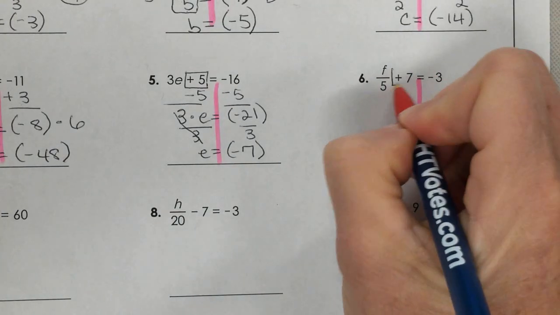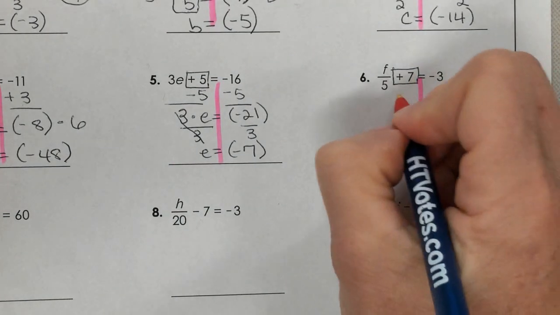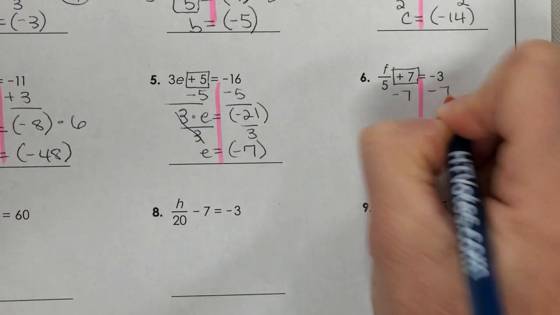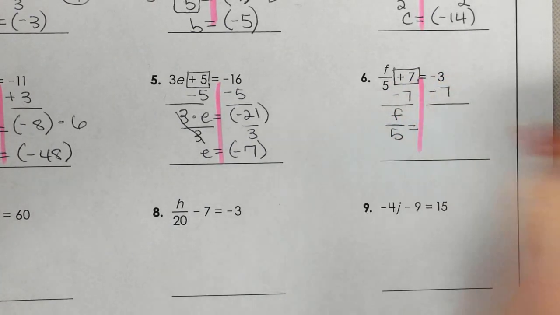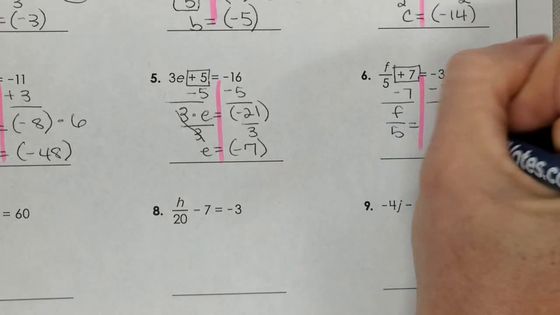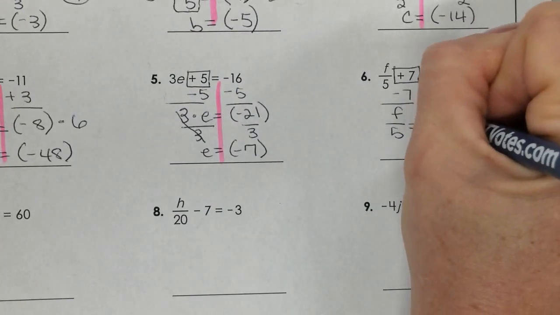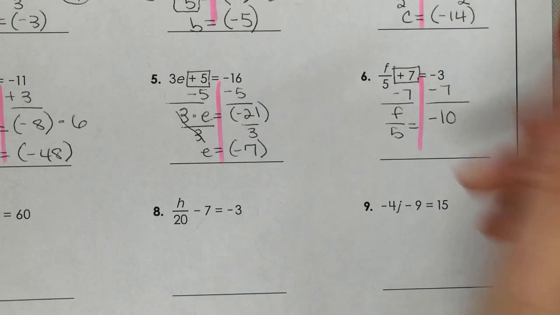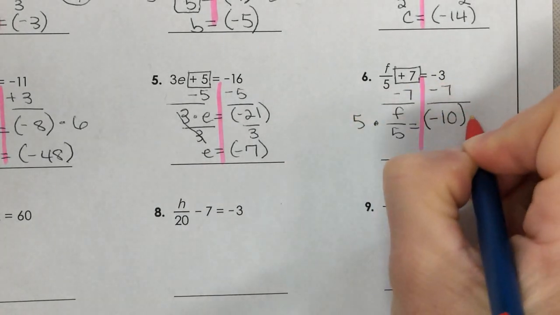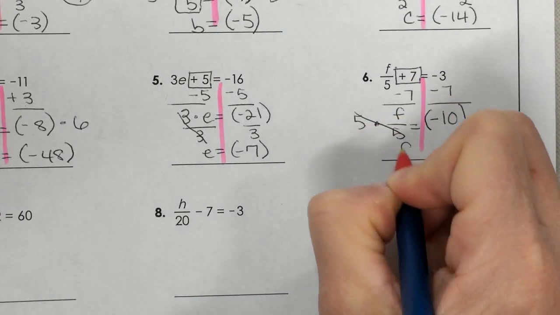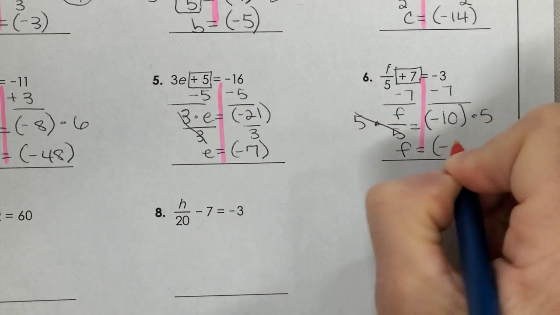For number 6, we're going to get rid of the plus 7 first by subtracting 7 from both sides. f over 5 is equal to negative 3 minus 7, which gives us negative 10. We'll multiply by 5 on both sides. And f is equal to negative 50.